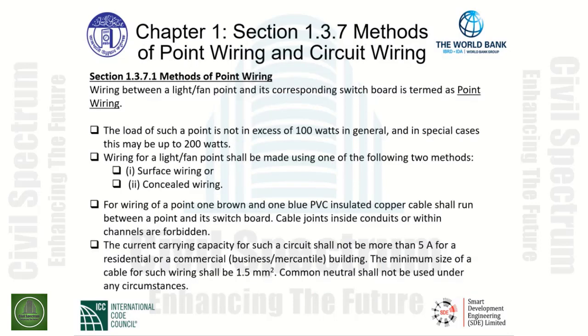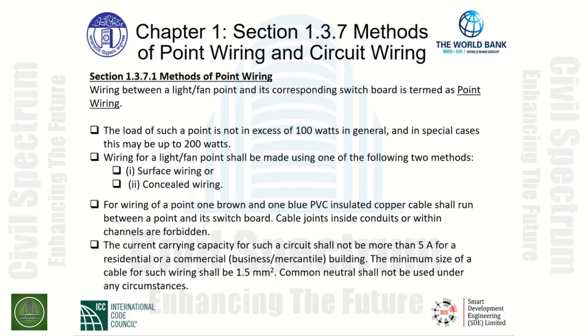Section 1.3.7, titled Methods of Point Wiring and Circuit Wiring, gives us the requirements accordingly. Section 1.3.7.1 in particular, titled Methods of Point Wiring. Wiring between a light fan point and its corresponding switchboard is termed as point wiring.